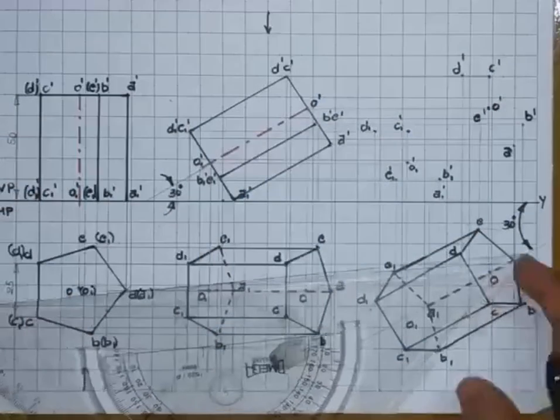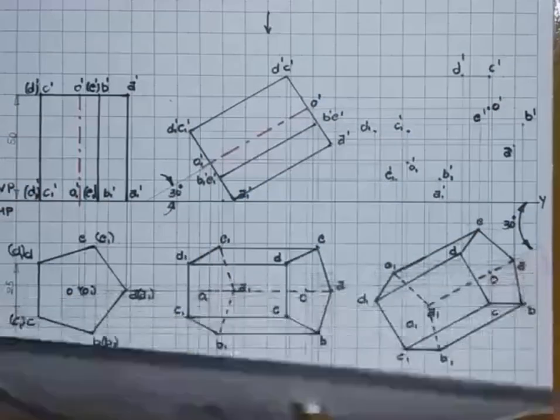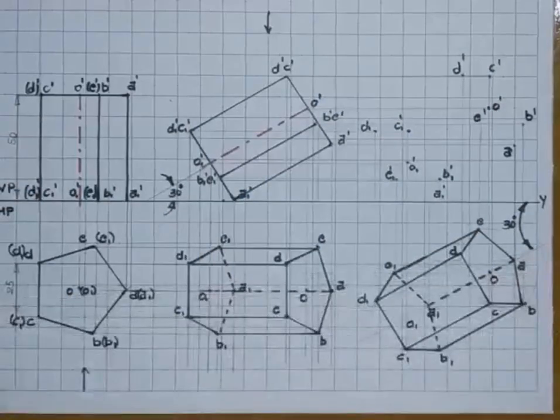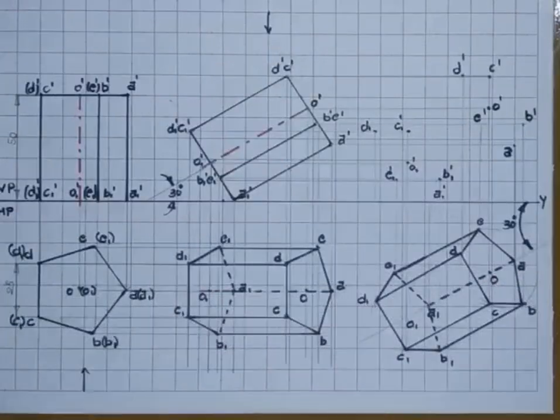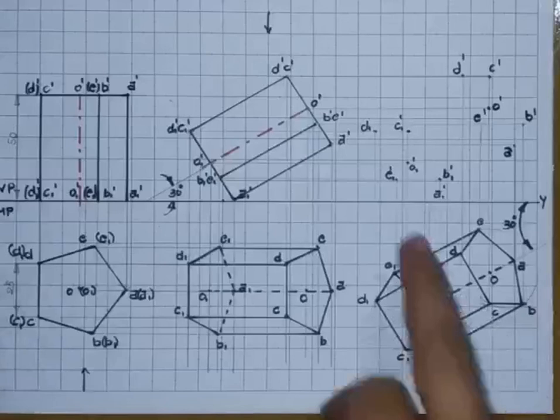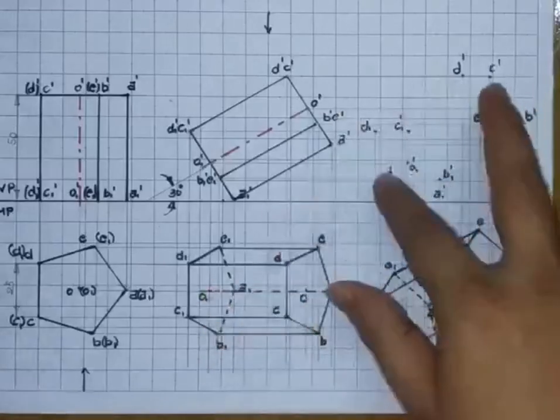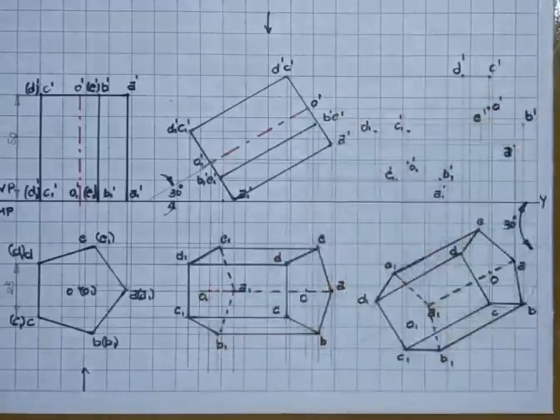So now I have projected all the points from top view to front view. You should be very careful while projecting all these points. Here you need to project around 5 plus 5, 10, 10 plus 2, 12 points.